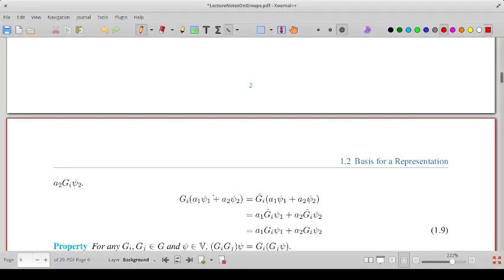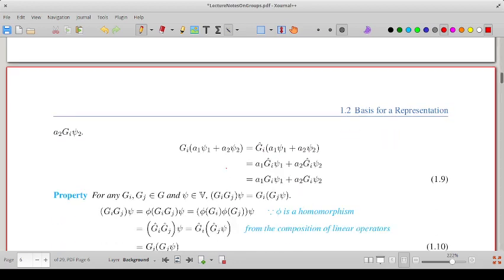This can be seen as follows. Consider the action of the group element Gi on the linear combination a1 psi1 plus a2 psi2. The group action is simply the action by the linear operator Gi hat. So Gi hat acting on a1 psi1 plus a2 psi2. And since this is a linear operator, this is equal to a1 times Gi hat times psi1 plus a2 times Gi hat times psi2.